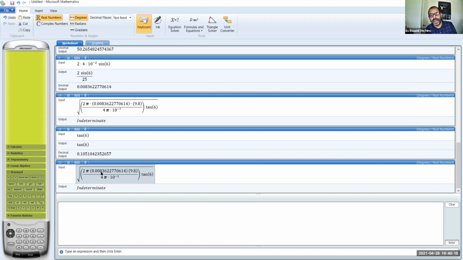Okay, 2 pi over 4 pi, that is just 2 in the denominator. Okay, so let me write this expression here. Trying to understand, forget about the physics of it. I'm trying to understand what's going on in here. So 2, cancel that 2 pi.